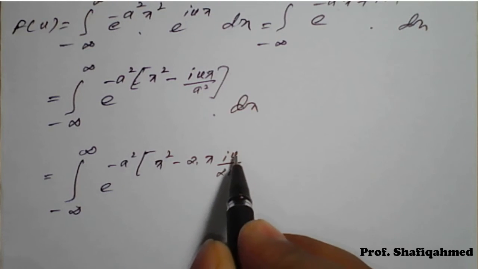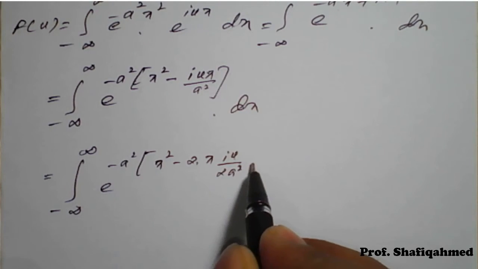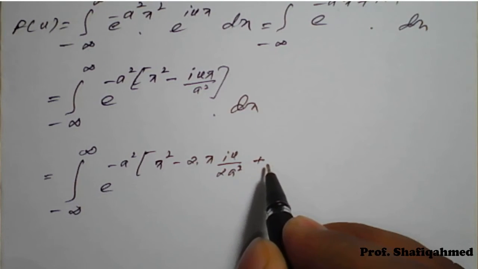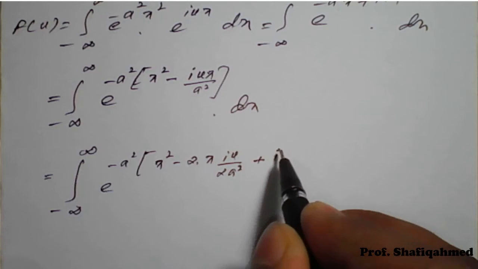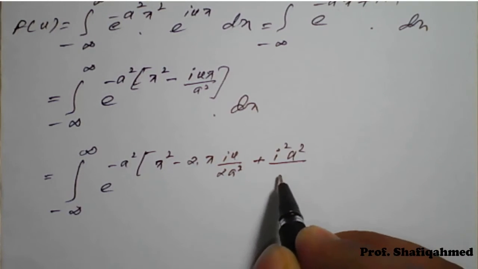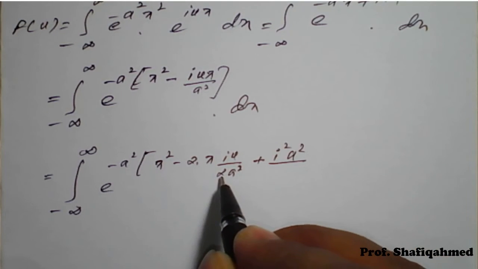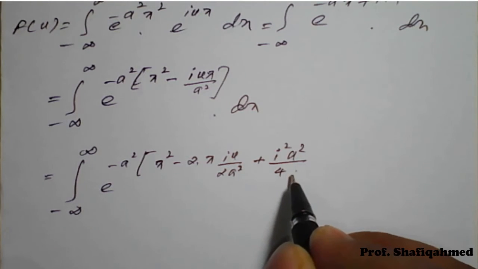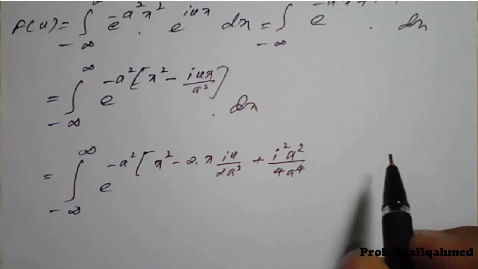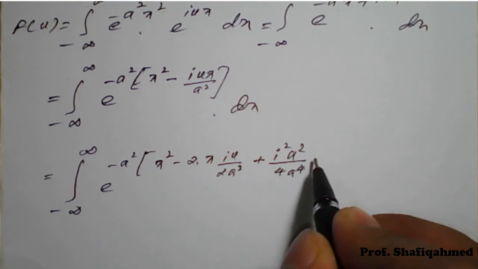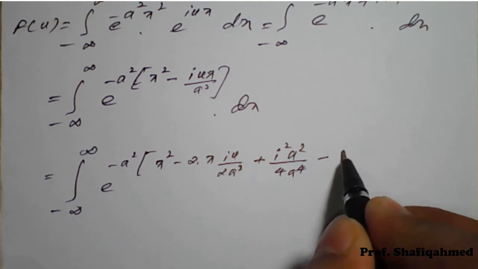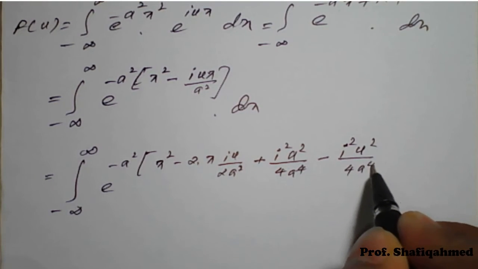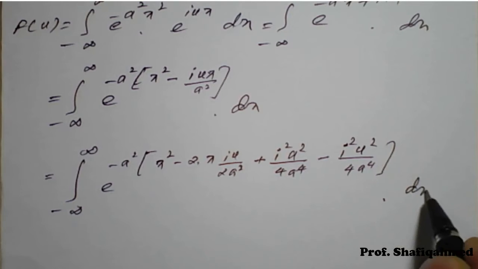So this i u upon 2a square is nothing but our b term from the formula, that I will write as i square u square divided by 4a raised to 4. We have added, so we need to subtract also, that is i square u square by 4a raised to 4, into dx.